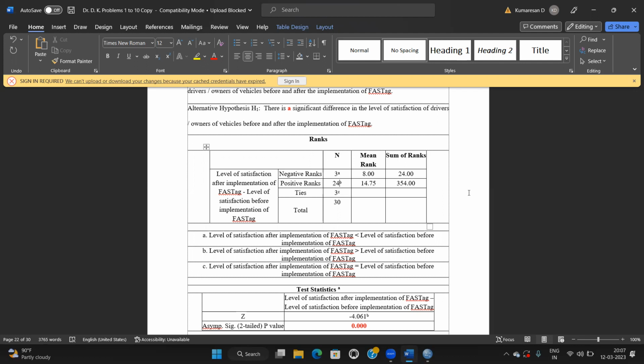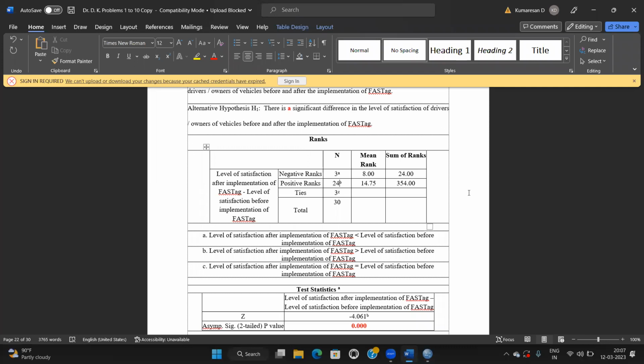If tied ranks are more, we can say, even before it is like that, even after that it is like that only. I feel there is no difference before implementation and after implementation. Even if the FASTag is implemented, sometimes we are waiting in long queue. Then what is the use of implementation of FASTag?